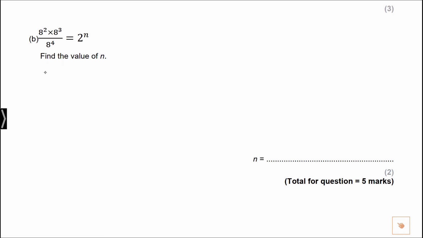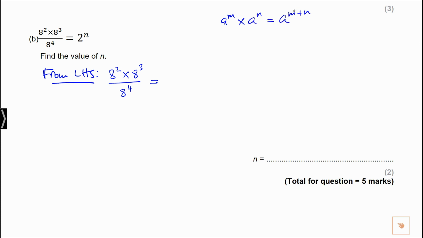Part B of this question: find the value of n. So from the left hand side, we can see that 8 squared, applying laws of indices here, if you multiply indices, so if you have a to power m multiplied by a to power n, that is equal to a to power m plus n.